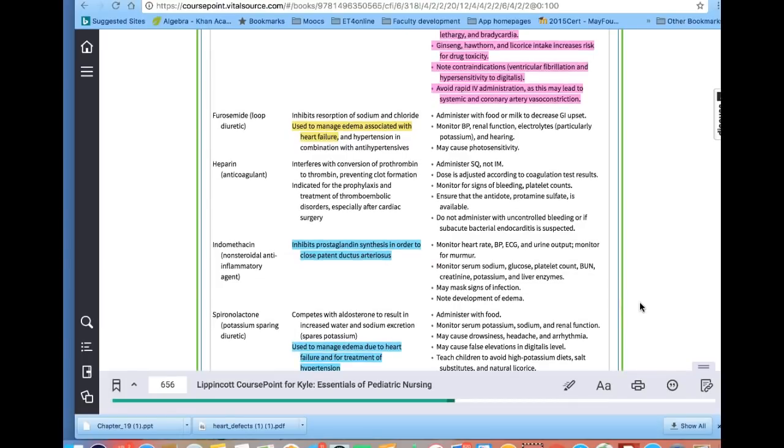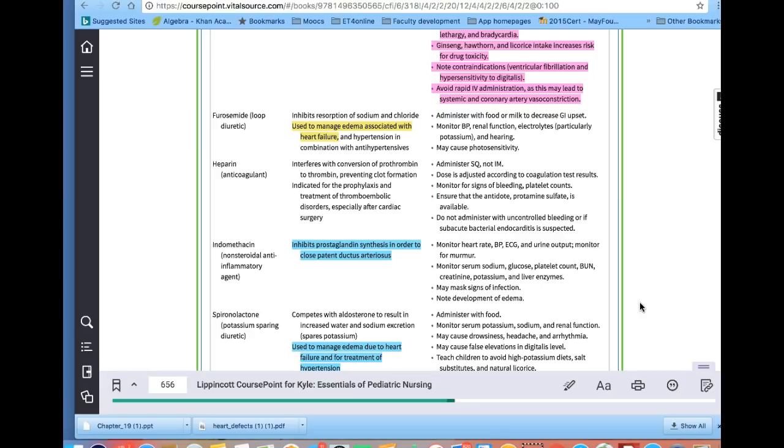All right, indomethacin. Okay, so if you can remember, prostaglandin and indomethacin are opposites. If you need to keep the ductus open, you give prostaglandin. Now, back in 1972, they closed patent ductus arteriosus with surgery.